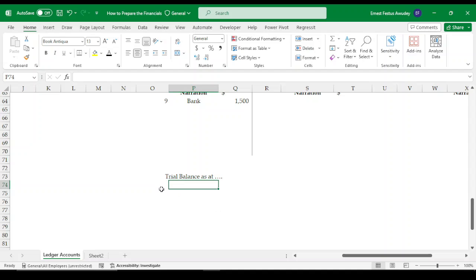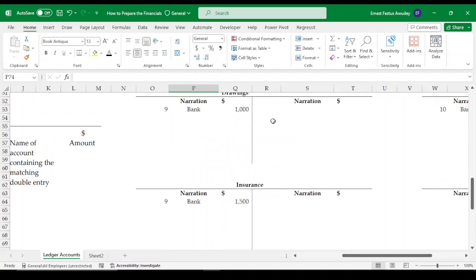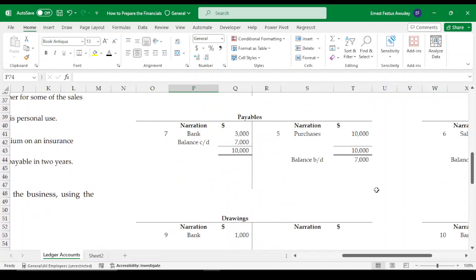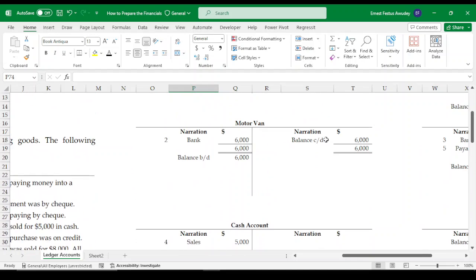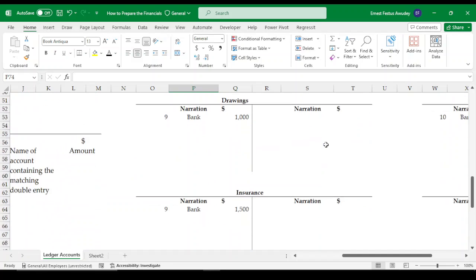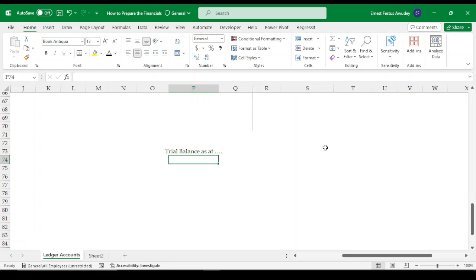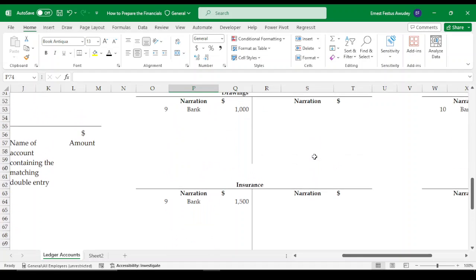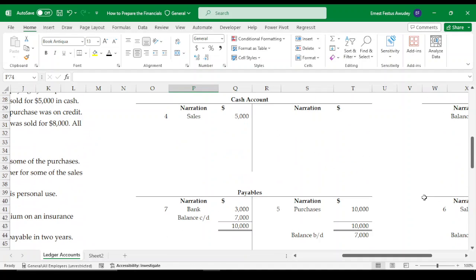So, why do we prepare the trial balance? Fundamentally, the trial balance is meant to summarize whatever we have done in the ledgers or the books of accounts. All right, it's meant to summarize the accounts we have opened, and then two, it helps us to determine the arithmetical accuracy of the entries we have made within our accounts.